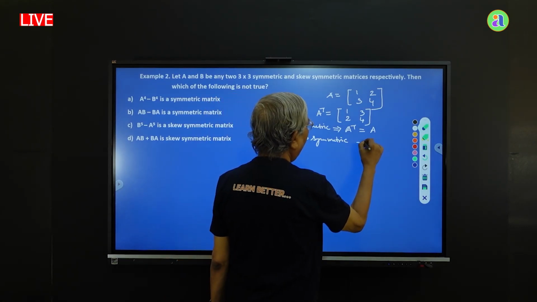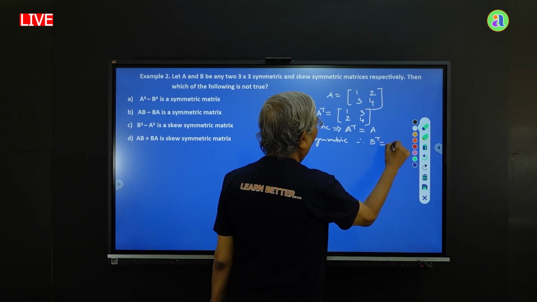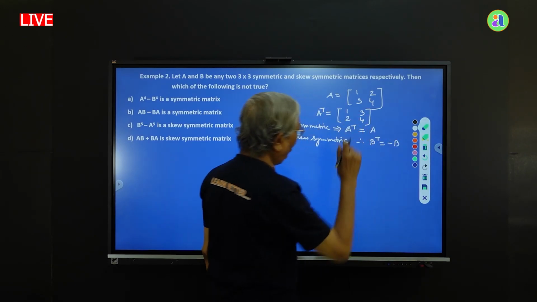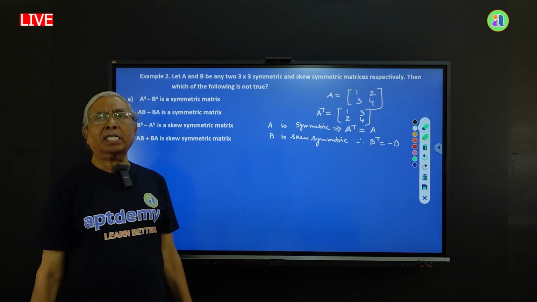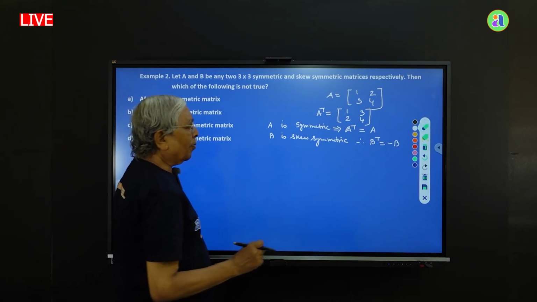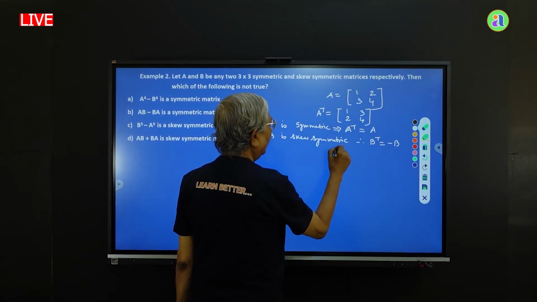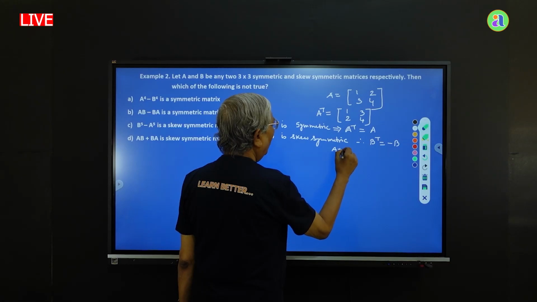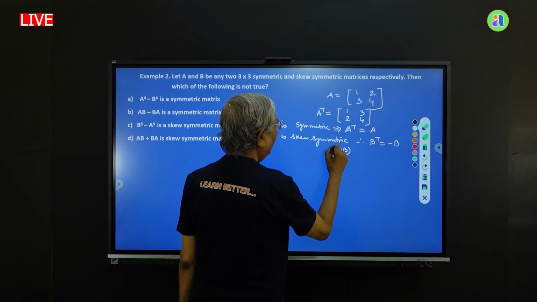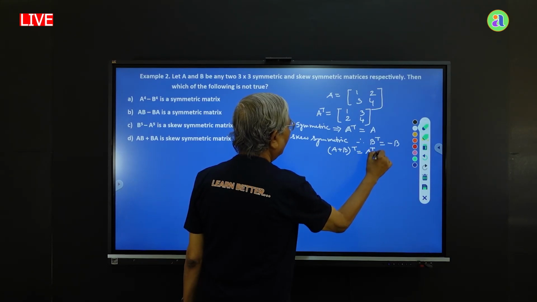Therefore you can write B transpose equals to minus B. This is the definition of symmetric matrix and skew symmetric matrix. Again, some properties are required. Number one is A plus B whole transpose is A transpose plus B transpose.